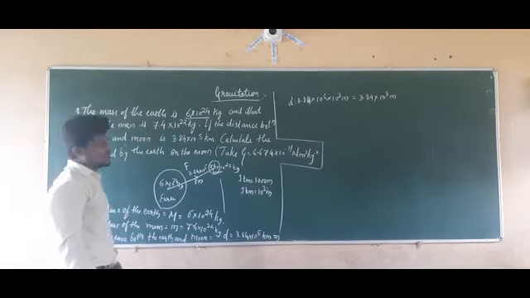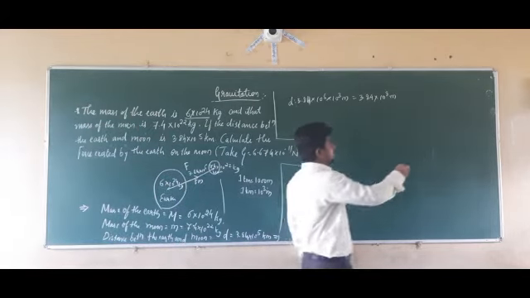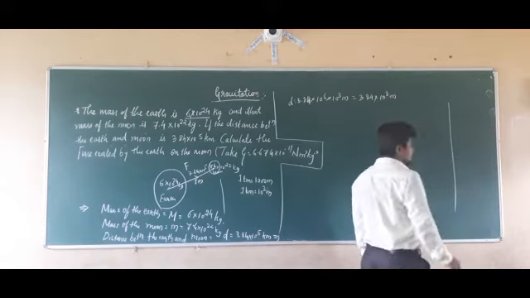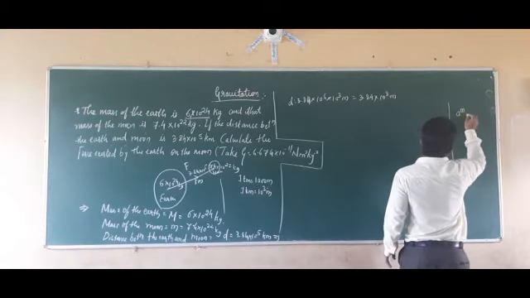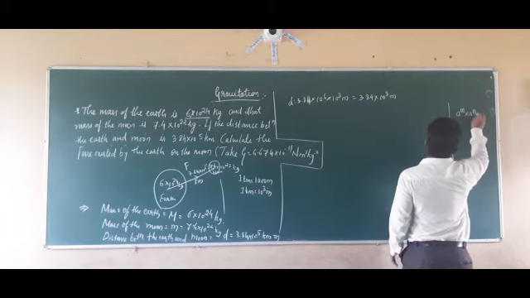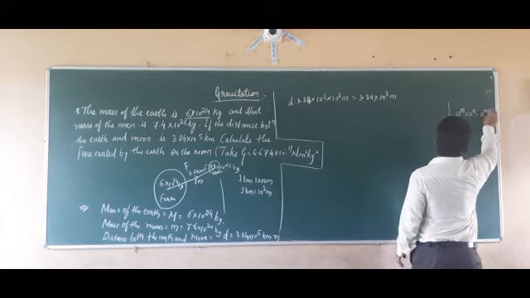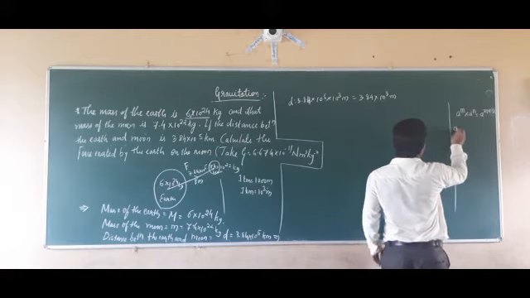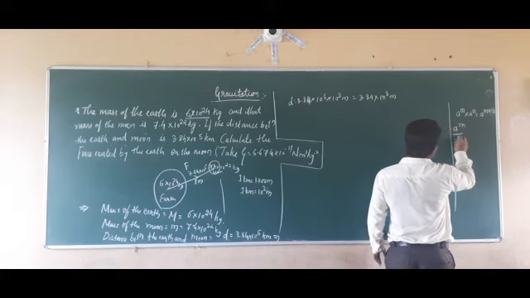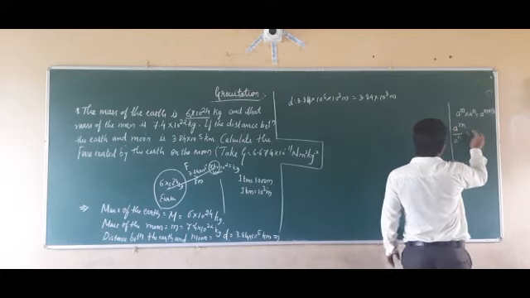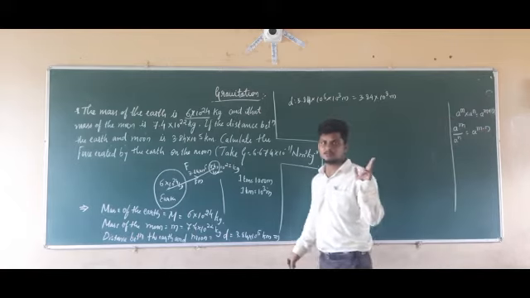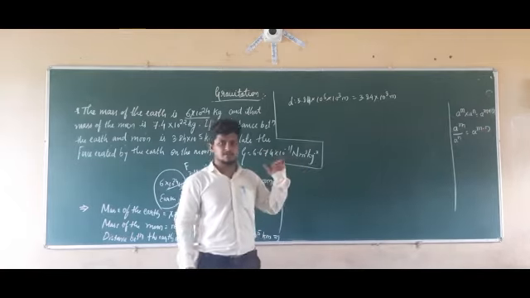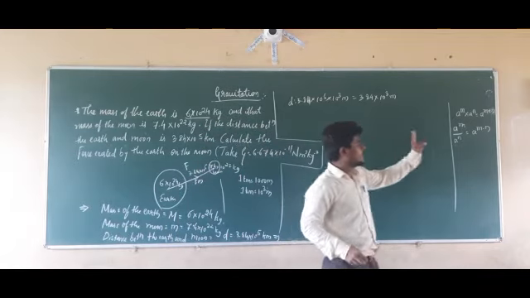Why 10 raised to 8 meters? If you remember in math, we have some identity formulas: a raised to m into a raised to n is equal to a raised to m plus n. Another formula we have is a raised to m divided by a raised to n is equal to a raised to m minus n. In total we have 7 formulas, but we require 2 formulas here.